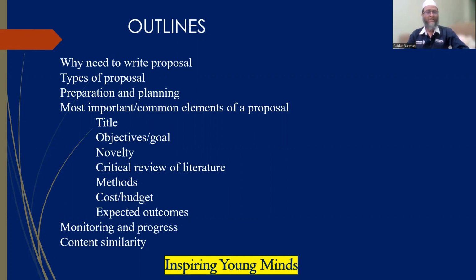I also will be talking lightly on different types of proposals, because different funding needs different attention, but my focus will be mainly on some of the core, major, and essential elements of a research grant proposal.